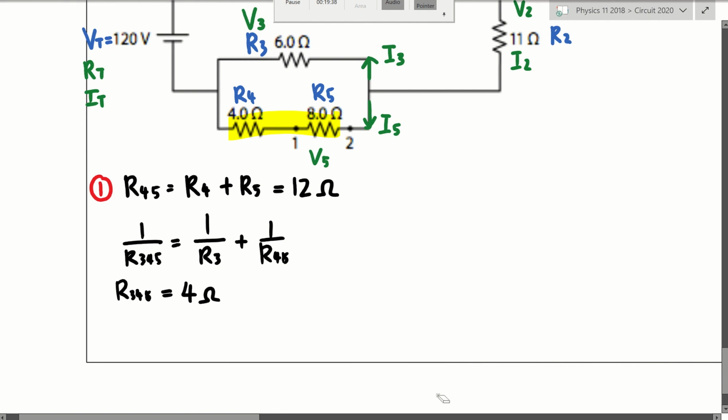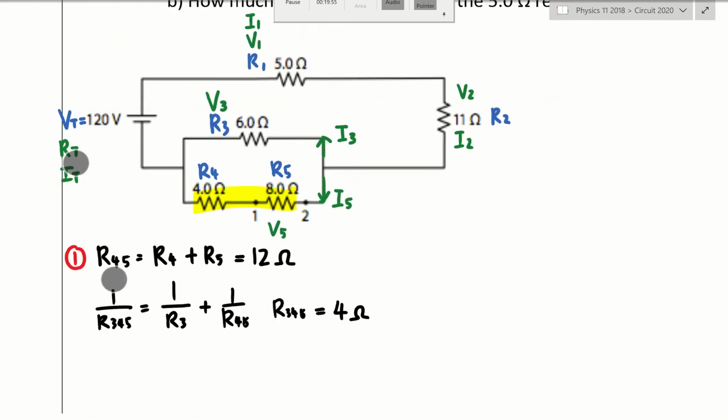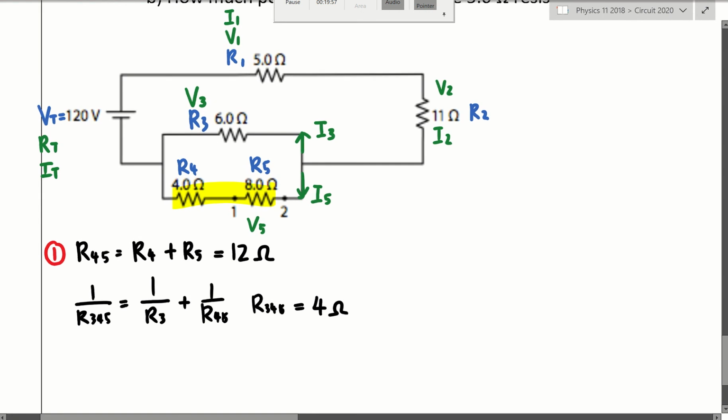Now I'm going to erase that because we actually need the space. Okay, so R345 is 4 ohms. Then what? Then we actually need to add the other two. So again, I'm going to draw something that I'll erase.